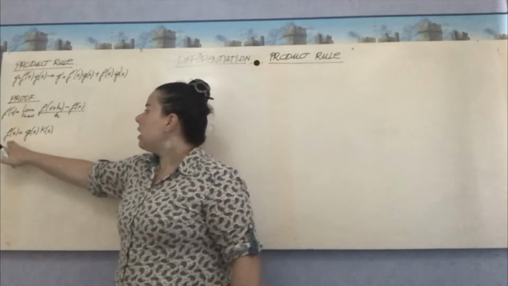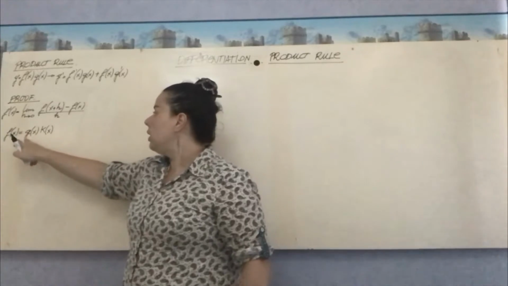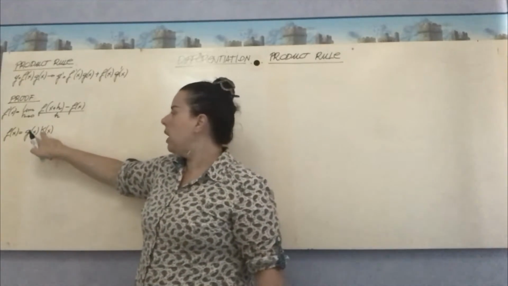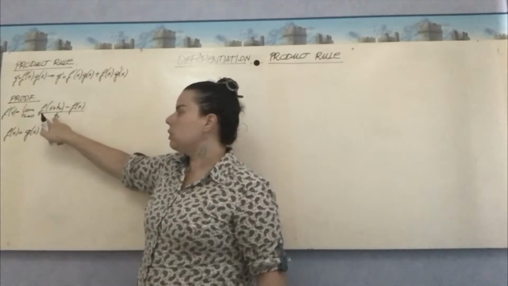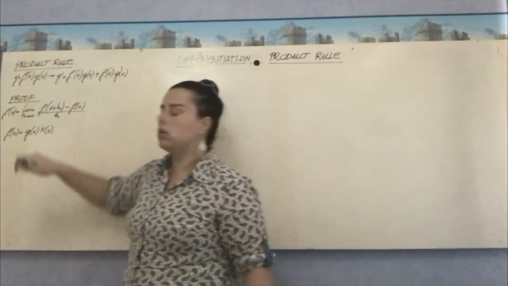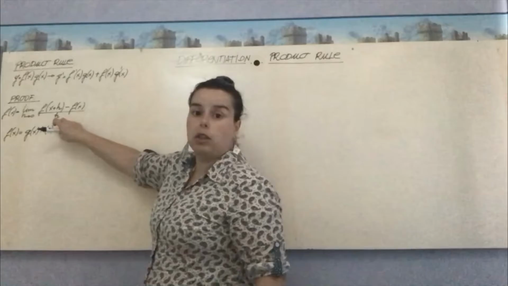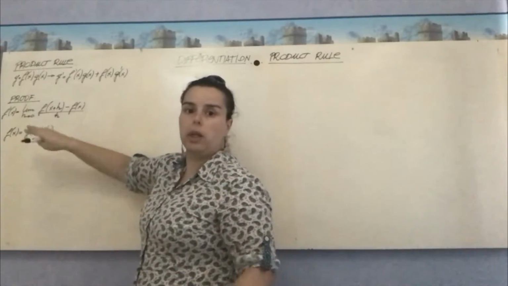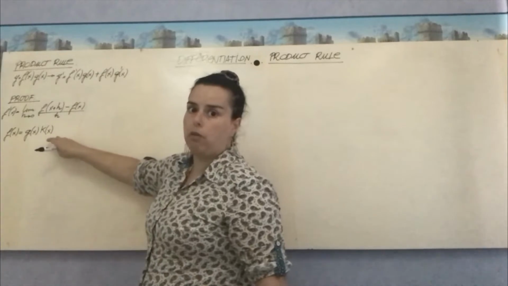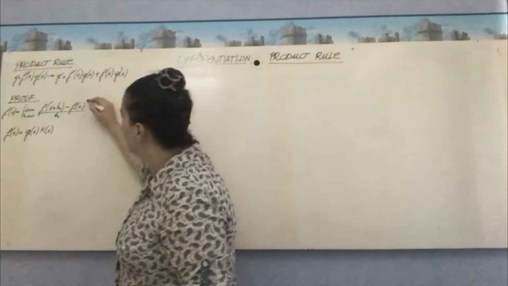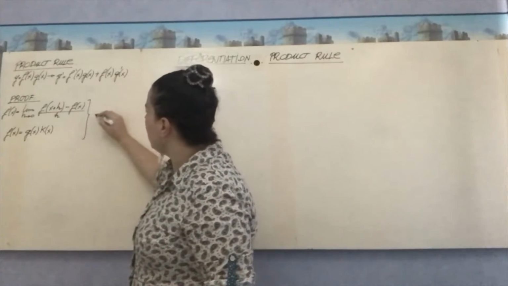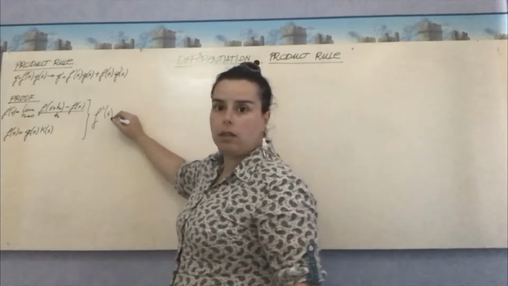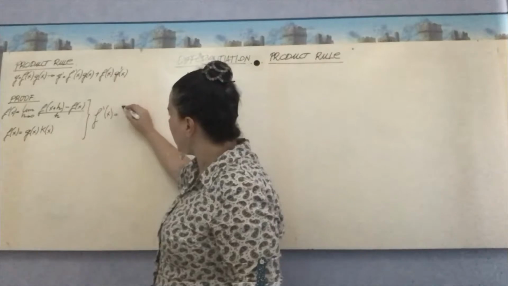Everything else comes from it. So in this case, f of x would be g of x times k of x. Two functions multiplying, and the reason I put a k here is so we don't use the h that we use in the definition itself. So substituting into it, same as we start every other proof in derivatives. If I've got f of x, what could f prime of x look like? I start substituting.